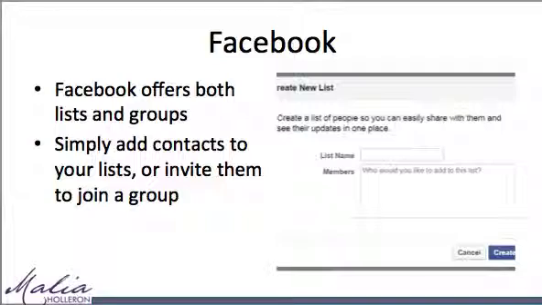Say you're in direct sales and you want to keep your prospects separate from your other people, because you want to be able to build a relationship with your prospects and engage with them a little bit differently. So you want to just see their posts. So you may create a list of prospects.